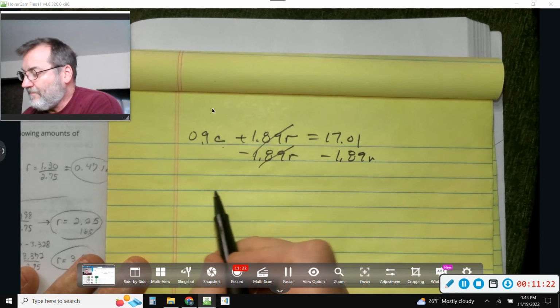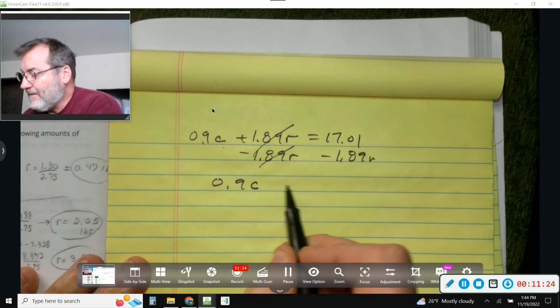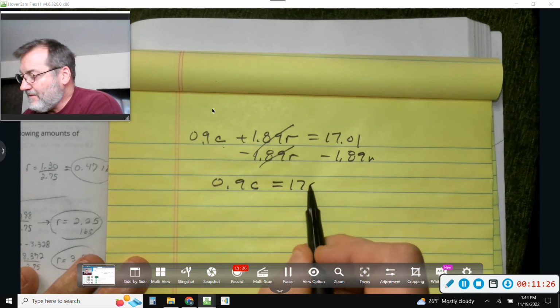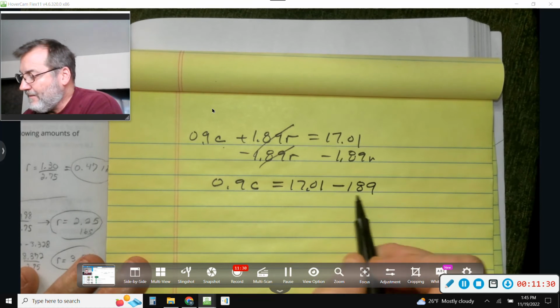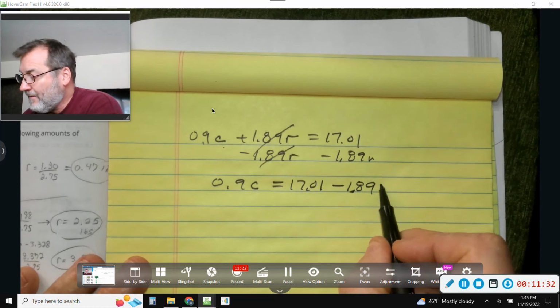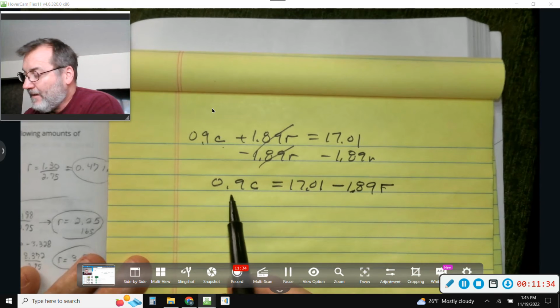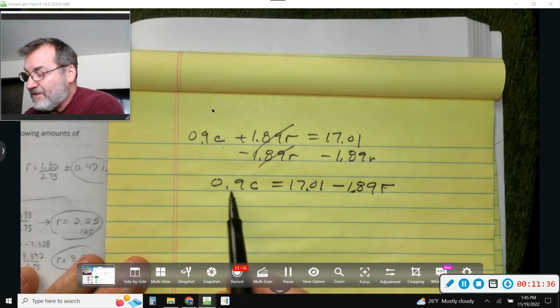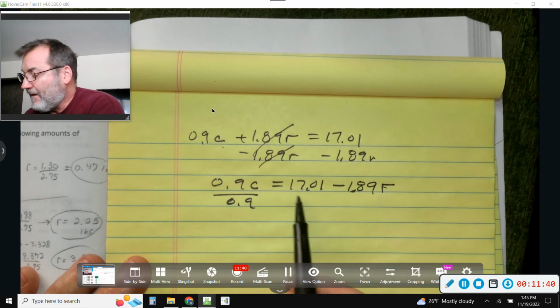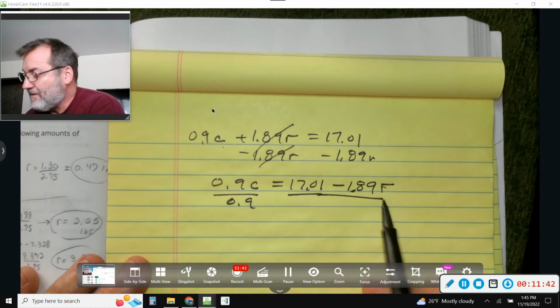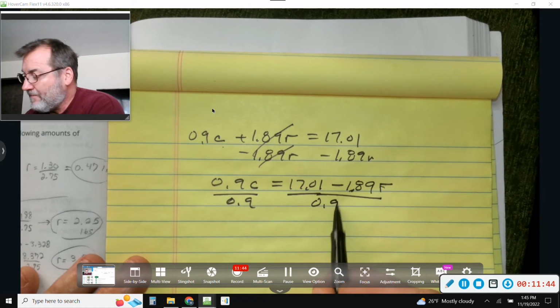Cancel, cancel. 0.9C equals 17.01 minus 1.89R. All right? And I want to have a single C, not just 0.9. So I divide both sides of the equation by 0.9.